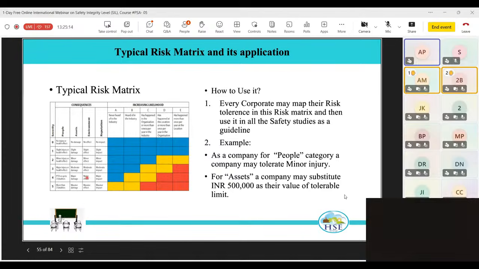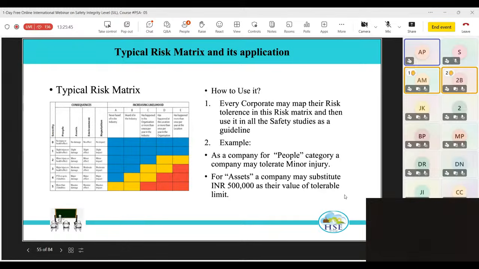And lastly, the reputation. When a company is operating in an environment, it gives employment to people, it gives taxes to the government, and so many good things it does for the society around it. But if there is a major accident in a company, that accident news will appear in the local newspaper.